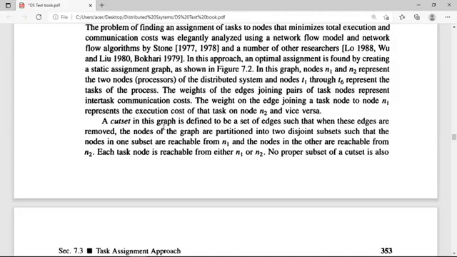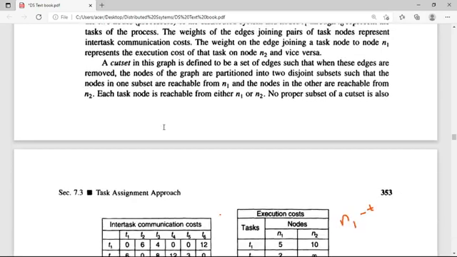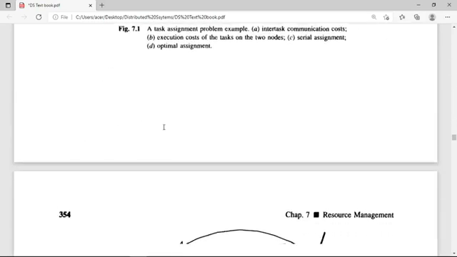We can make them into two independent subsets, so that all the nodes in one subset are reachable from n1, and the nodes in the other are reachable from n2. So each task node is reachable either from n1 or from n2. Both will have a chance. So that cut set we will see here.